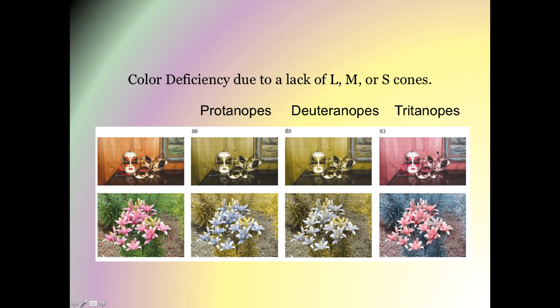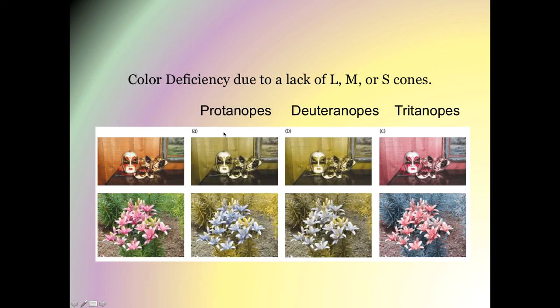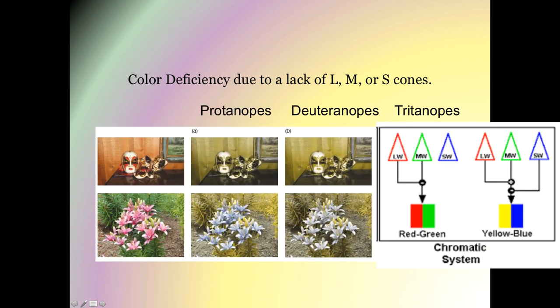So in tritanopia, the blue-yellow channel can't work, but the red-green one works just fine. And in red-green color blindness with protanopes and deuteranopes, it's the red-green system that doesn't work properly. So the opponent process is not able to function because it's missing the input from either the long cone or the medium cone.